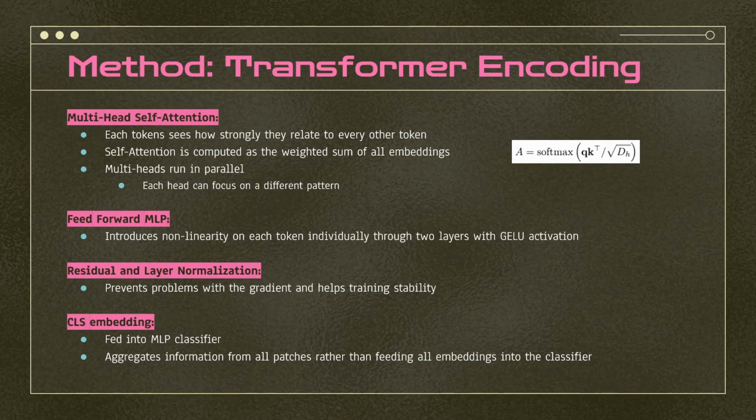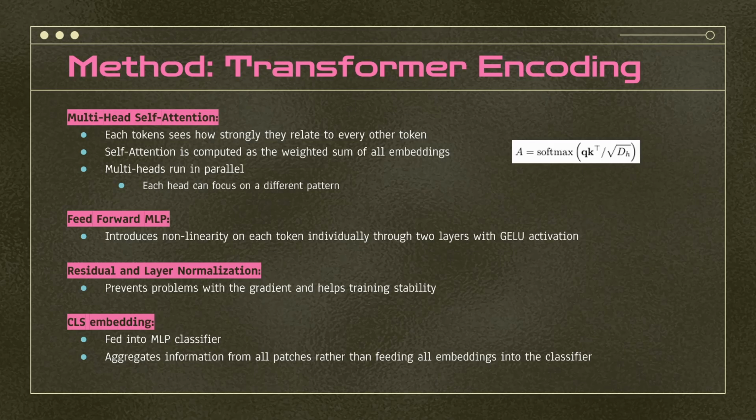You have the attention score, the query times the key transpose, how well they relate, and then it's scaled down to help stability by the dimension of the key, and then it's run through a softmax function to get it into probabilities. And the good thing is these multiple heads can be run in parallel, and each head can focus on a different pattern, say edges, color, things like that.